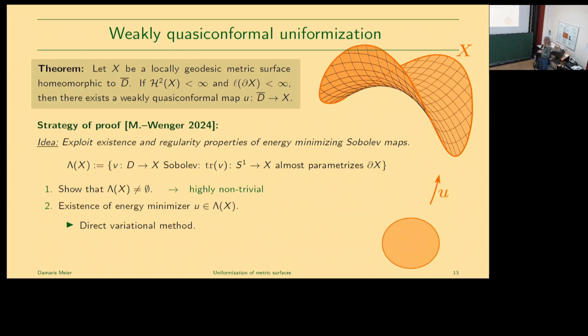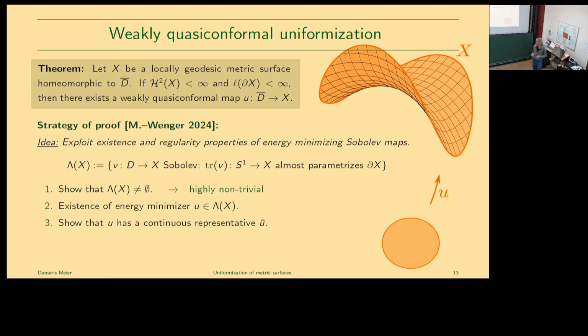And then in the next step, we want to show the existence of an energy minimizer, and this is a direct variational method. So we take an energy minimizing sequence, use some compactness results to show that it converges, and show eventually the limit lies in the same class again.